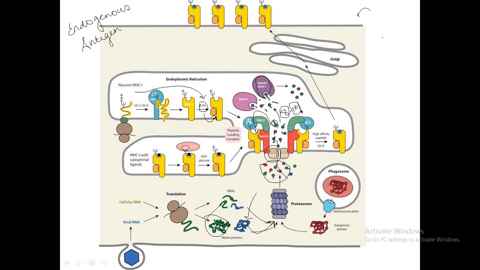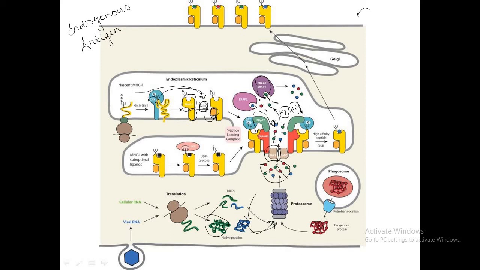MHC class 1 molecules are heterodimers that consist of alpha 1, alpha 2, alpha 3 chains, and it gets stabilized when it interacts with the beta 2 microglobulin part. So this beta 2 microglobulin interacts with the MHC1 molecule via this calnexin protein, and it gets stabilized.